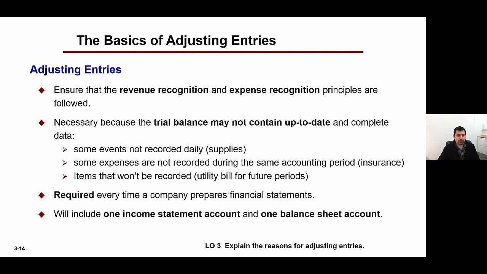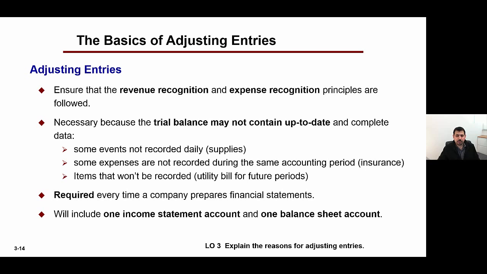And in order to make sure that the revenues and the expenses are recognized in the period where the event has occurred, sometimes we need to make some adjusting entries. Originally, the trial balance that we studied so far includes information from the original entries, and as a result, by the end of the accounting period, the information in that trial balance may not be up to date or complete.